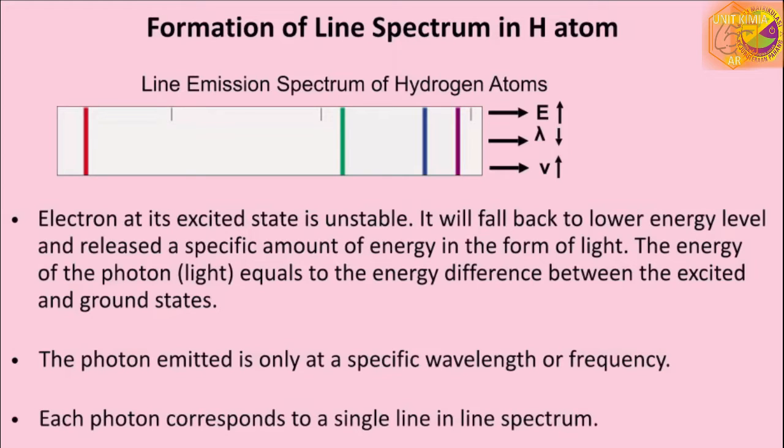The energy of the photon equals the energy difference between the excited and ground states. The photon emitted is only at a specific wavelength or frequency. Each photon corresponds to a single line in the line spectrum.